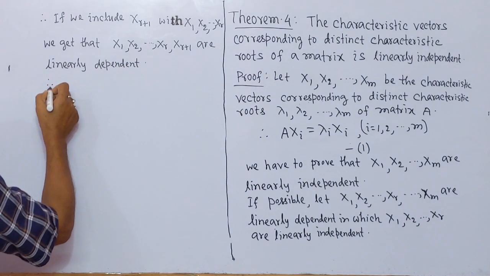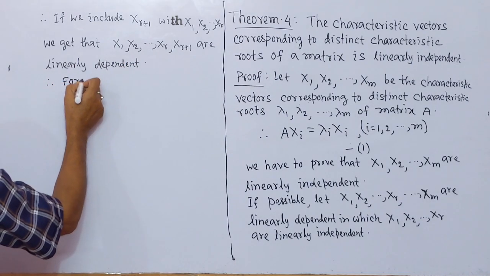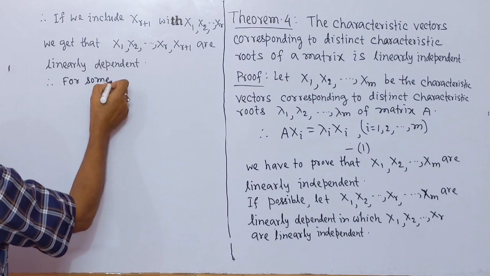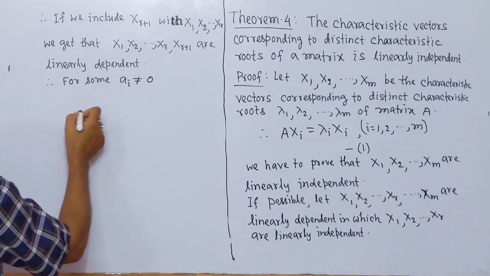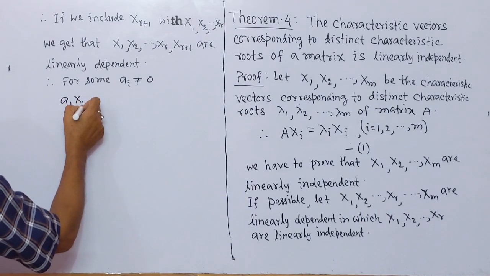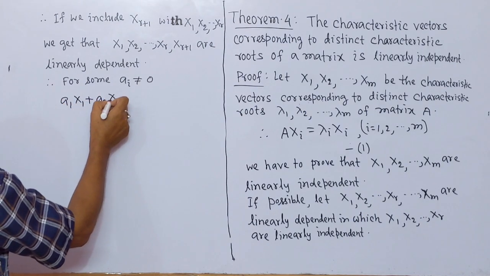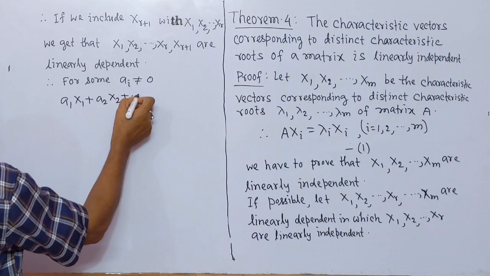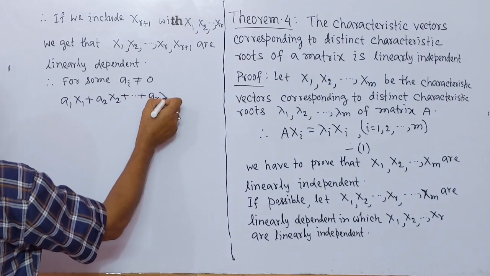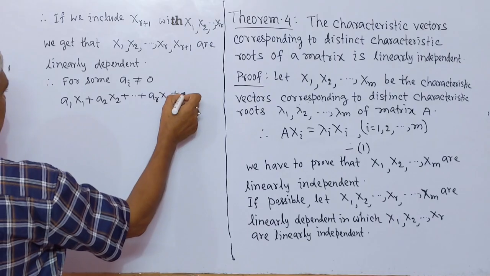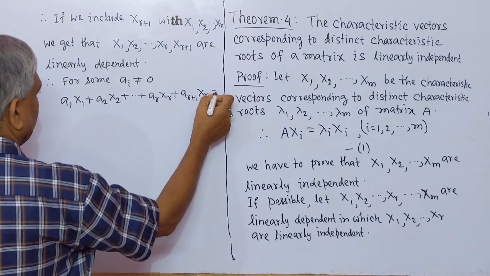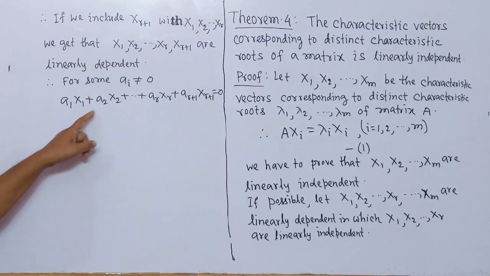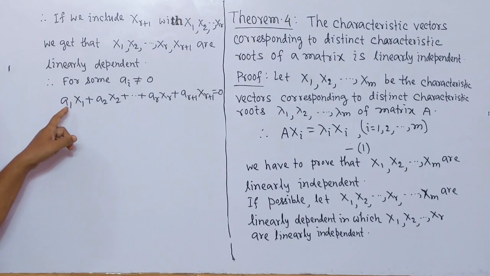Therefore, for some ai not equal to 0, a1 x1 + a2 x2 + ... + ar xr + a(r+1) x(r+1) = 0. This is the definition of linearly dependent for some ai not equal to 0.